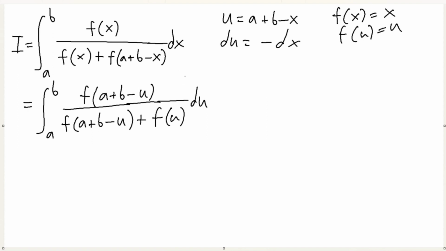So what I'm going to do is let I plus I equal 2I, right? However, for each I, we're going to use different forms of I. We have this and we have this.